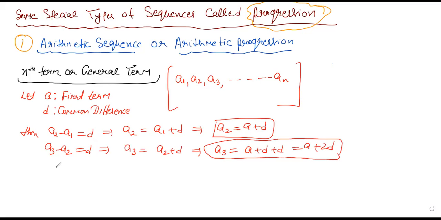So in the same pattern, we can create another term also. So a(n) minus a(n-1), that is d. So what we are getting? a(n) equal to a(n-1) plus d.